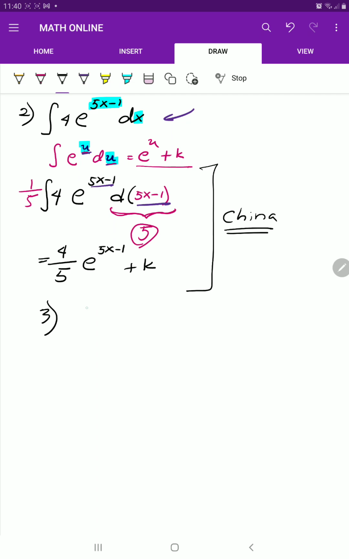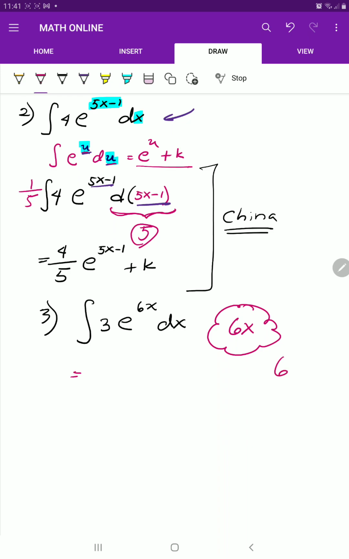So for example, you have the integral of 3 e to the 6x dx. Again, you can just use the strategy that I asked you to use. In your head, take the derivative of 6x, and the derivative of 6x is 6.